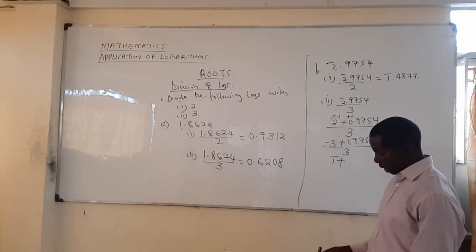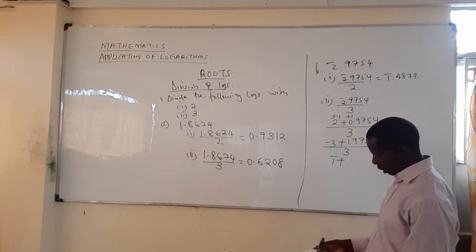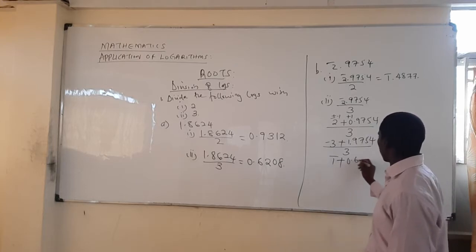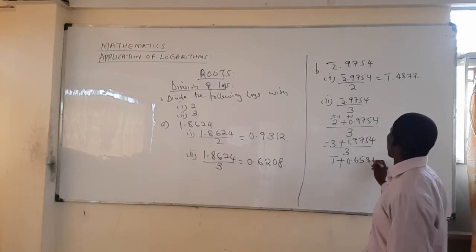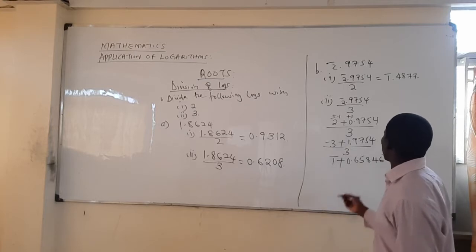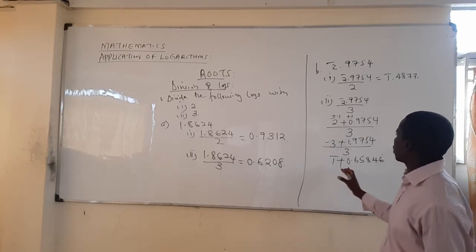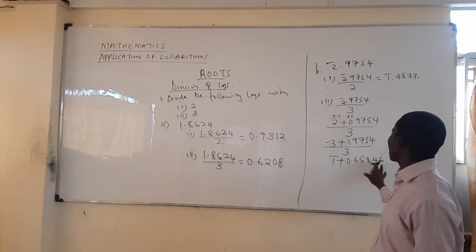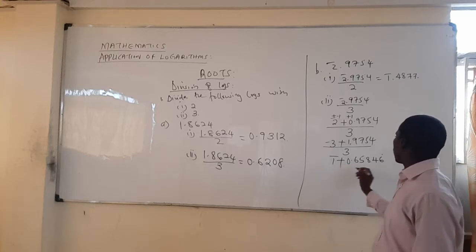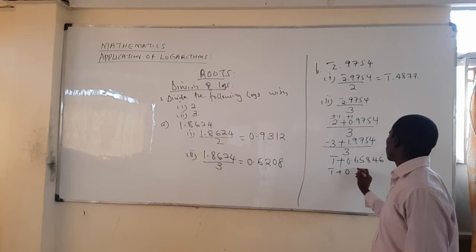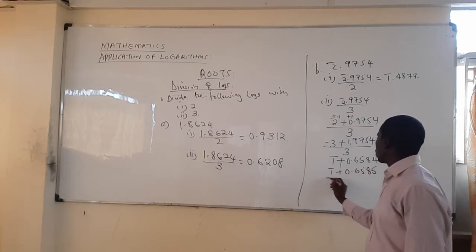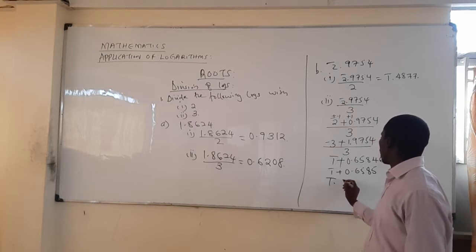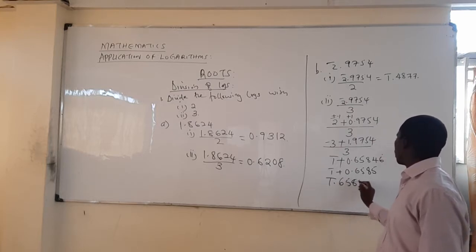We are going to get 0.658461 recurring, and because we use 4 significant figures, this can be 0.6585. So bar 1 plus 0.6585, and then we add the 1, we get 0.6585 and finally 1.6585.